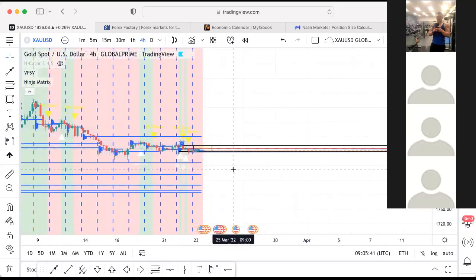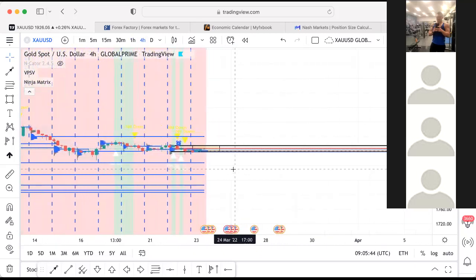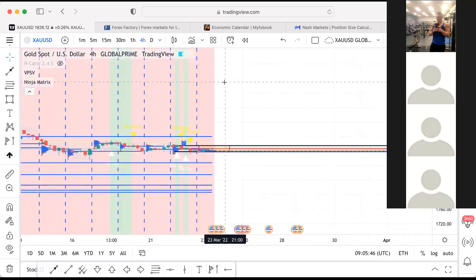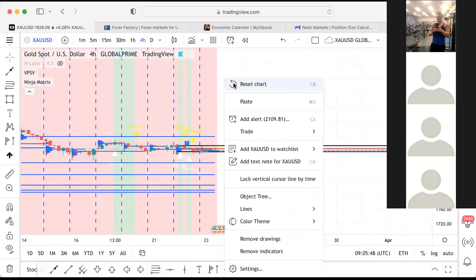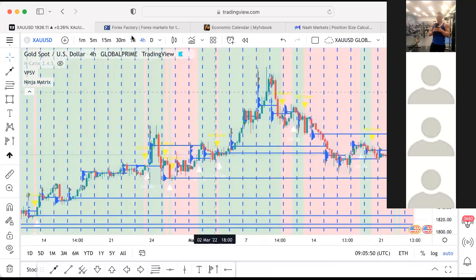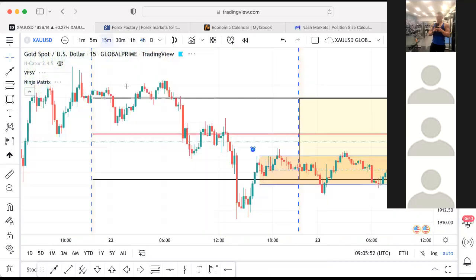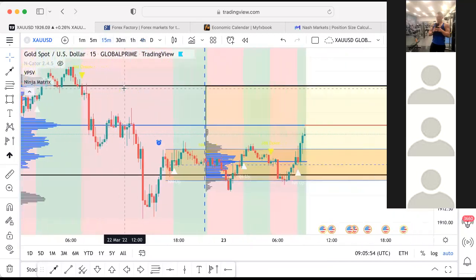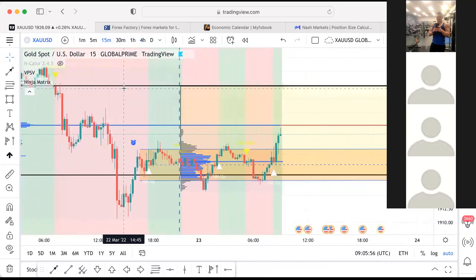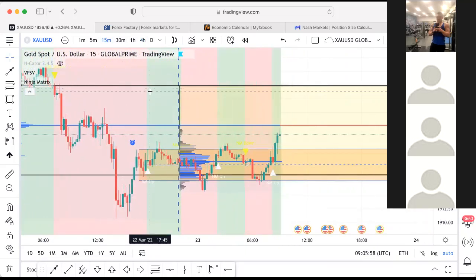So we've got many potential targets. Reset the chart, put it back on 15 minutes. And yes, we're heading slowly, but we are heading towards that point of control.